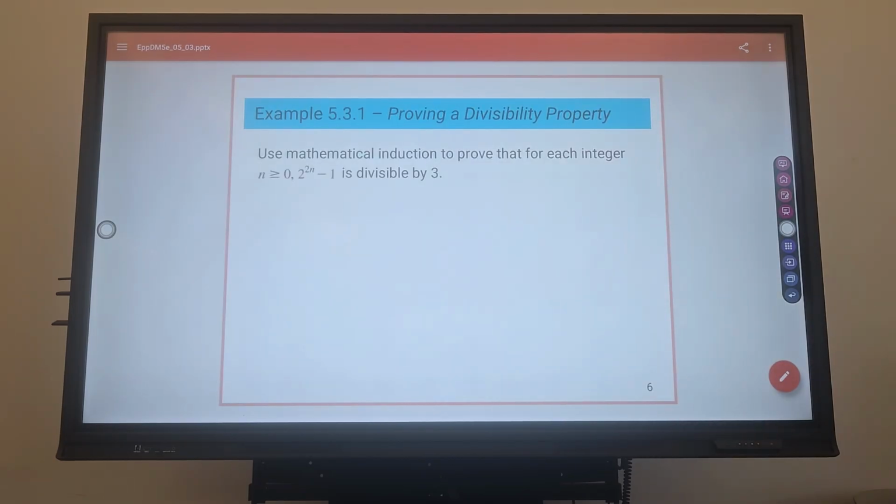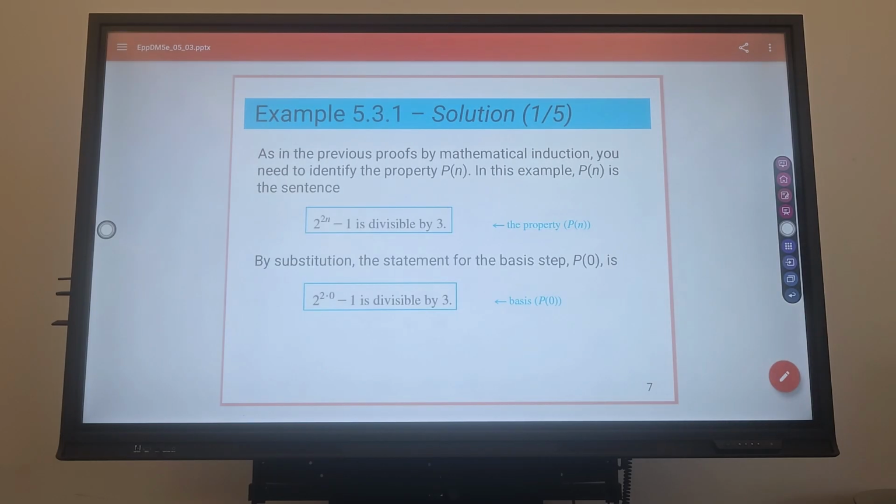Well, use mathematical induction to prove that for each integer n greater than or equal to 0, 2 to the 2n minus 1 is divisible by 3. As in the previous proofs by mathematical induction, you need to identify property P of n.